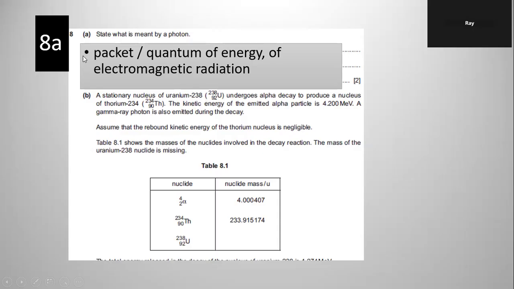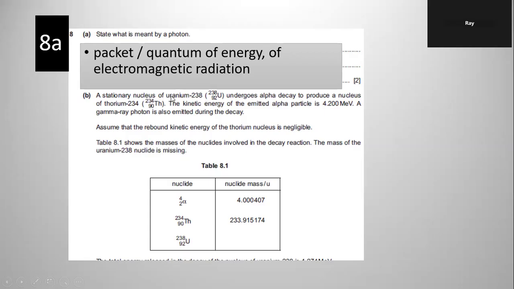You can either call it packet or quantum. Packet or quantum of energy, that's 1 mark, of electromagnetic radiation. Right? This is memory work. Memorize.